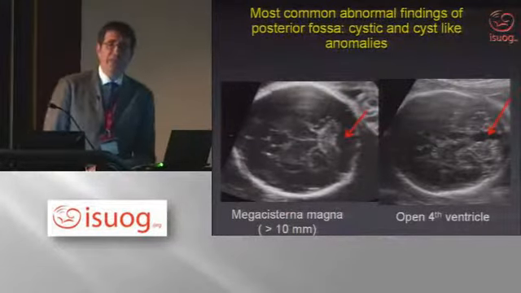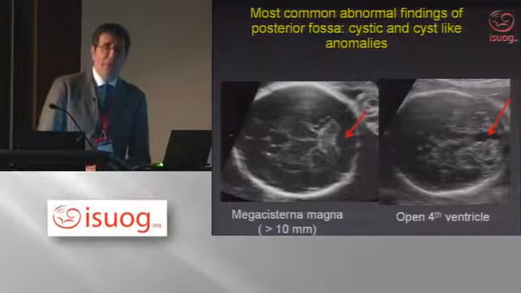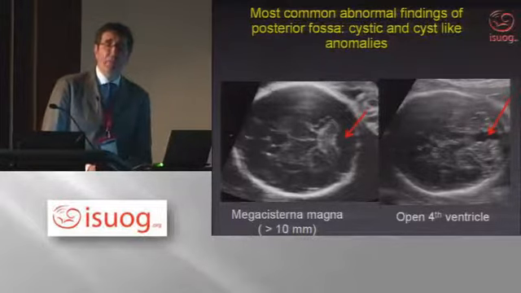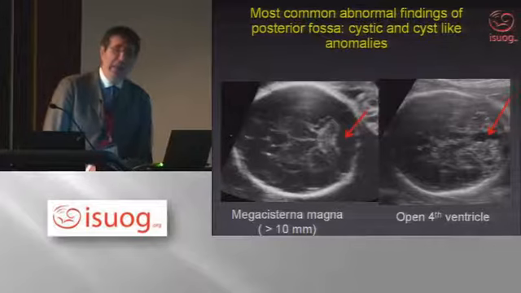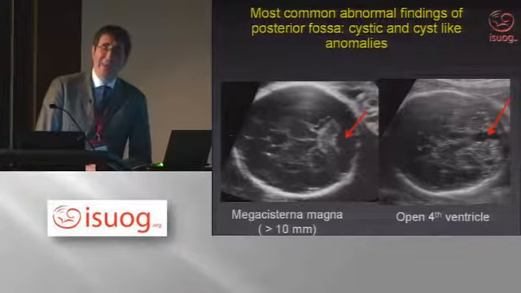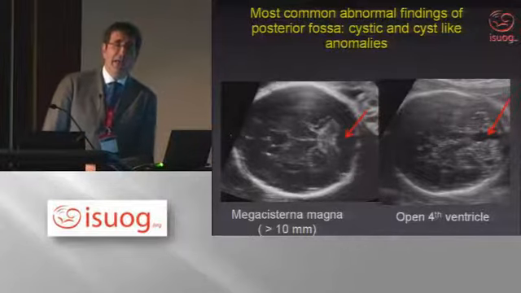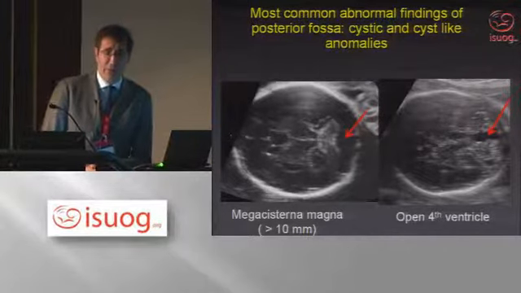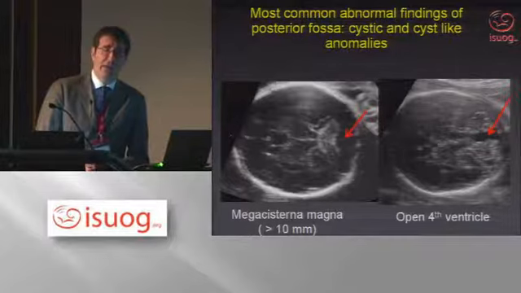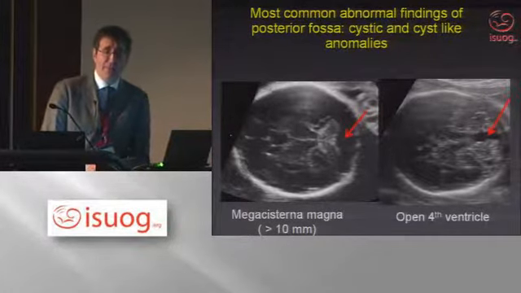The majority of patients that are now referred to my unit, and we see 2 to 3 every week, will usually enter into one of these two categories. Cases in which the cisterna magna is bigger than it is expected to be. We set an upper threshold at 10 millimeters.